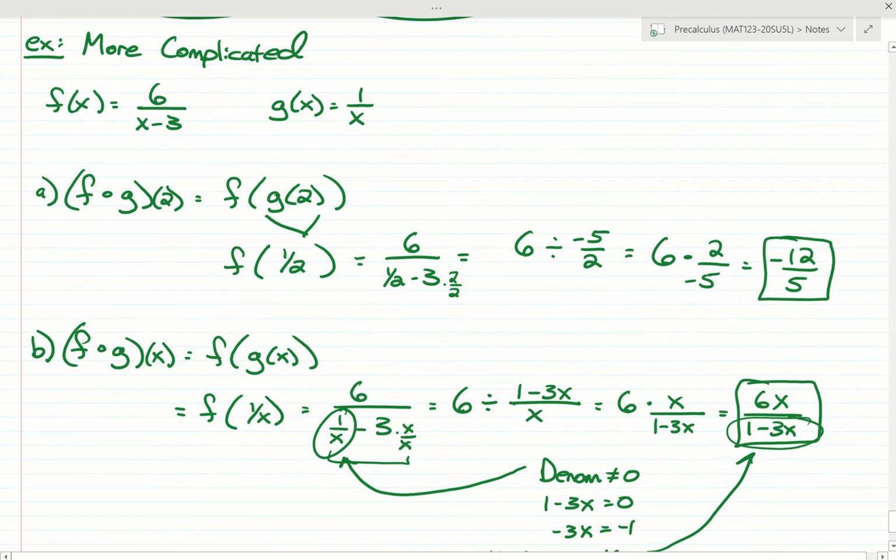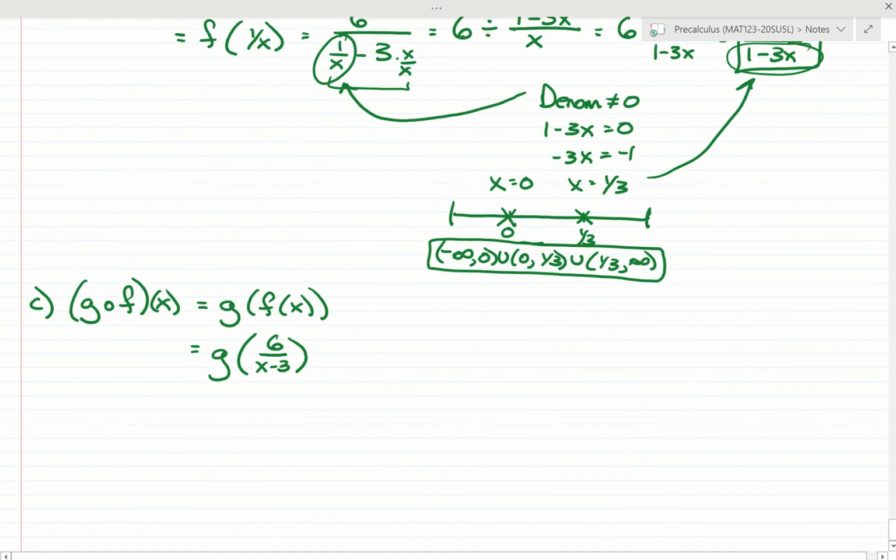And g of x, if you remember, was 1 over x. So instead of 1 over x, we're going to put 6 over x minus 3. So this is just 1 divided by 6 over x minus 3, which is the same thing as 1 times x minus 3 over 6, which is the same thing as x minus 3 over 6.